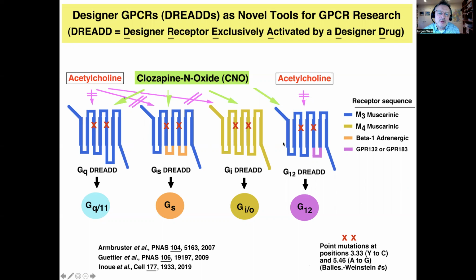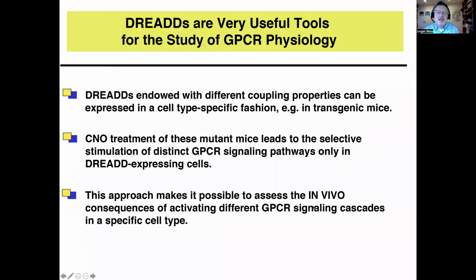We are now fortunate to have all 4 DREADDs that couple to each of the different major classes of heterotrimeric G proteins. As I will show you in the following slides, DREADDs are very useful tools for the study of GPCR physiology. DREADDs endowed with different coupling properties can be expressed in a cell type specific fashion via different techniques.